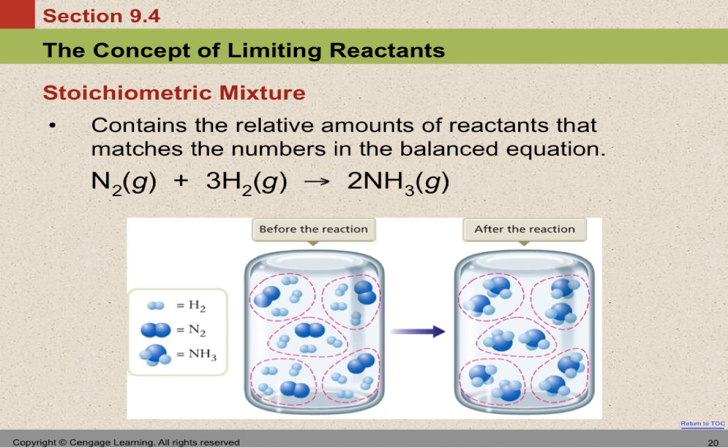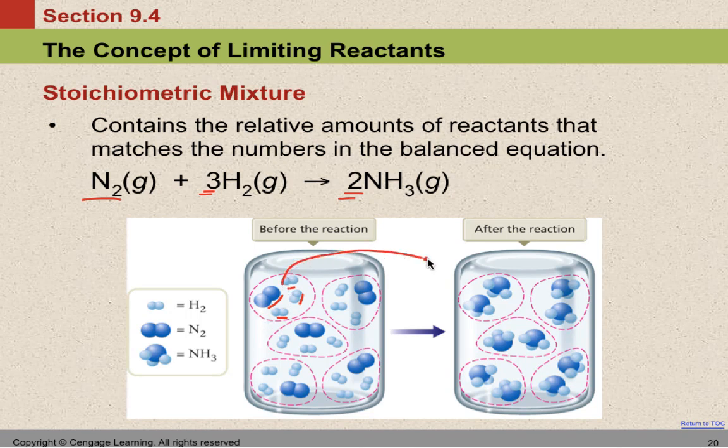For every one nitrogen molecule, I need 3 hydrogen molecules. I'll produce 2 ammonia. So if we look at the container, and if we were able to see the molecules, you'll see that I have 3 hydrogens, 1 nitrogen molecule.